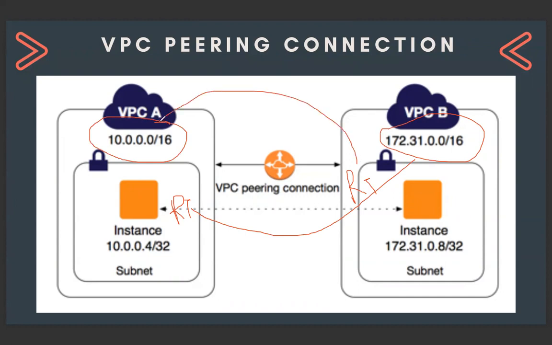Then the two route tables can understand the neighbor CIDR, and via the peering connection we can pass the packet. So this route table understands the 10 series, this route table understands 172, and via the peering connection we can pass. Make sense, Sweta?